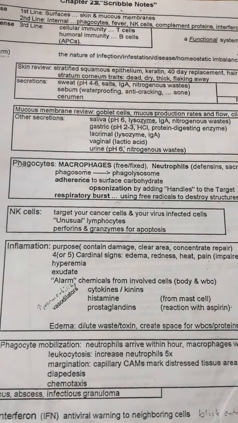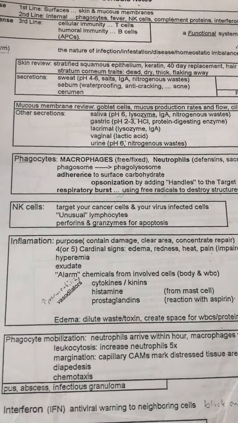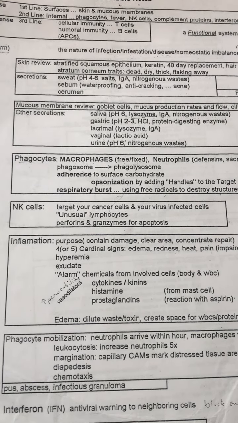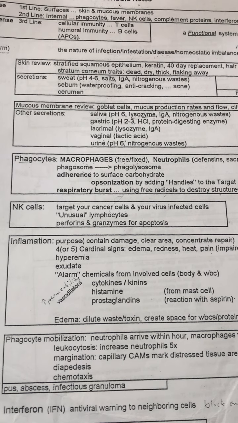The big deal distinction between the natural killer cells and their cousins is the fact that the natural killer cells do not have a single specific target. They're very generic. They go after just about anything that's unusual inside your body, whereas the T and B cells have to be educated. In essence, they're sort of like college kids. They went off to college, whether it was the thymus or the bone marrow.